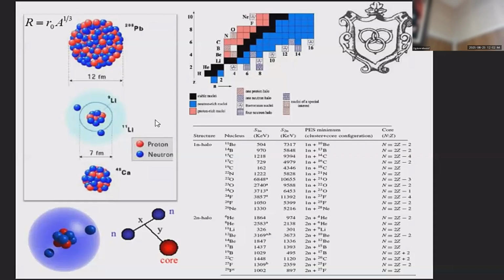Then we write the force, which is the gradient of the potential V(r). Then we obtain the potential between these two, the nuclear, the Coulomb, plus the centrifugal, and solve the Schrödinger equation. The experiment and the theory give the same results.